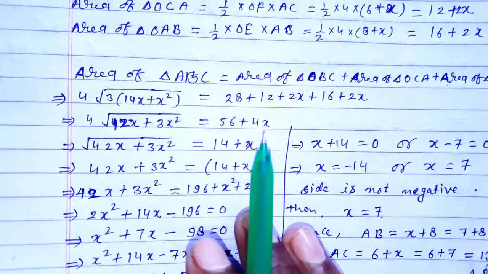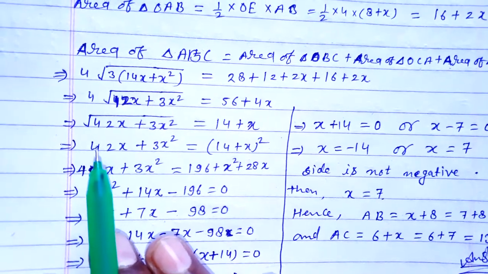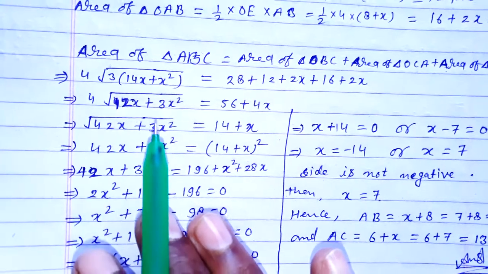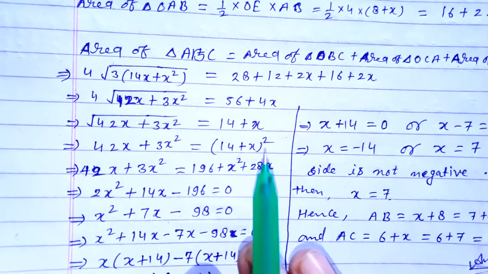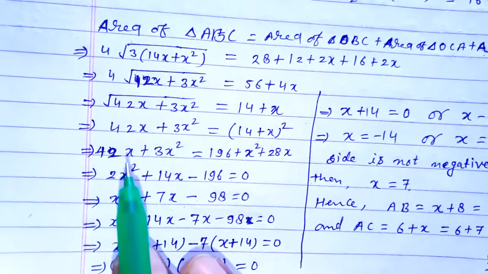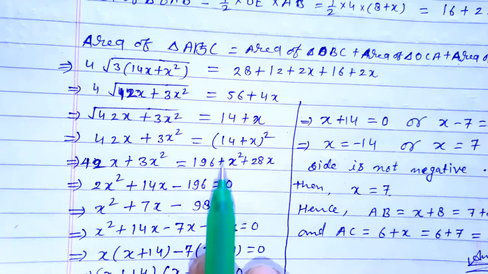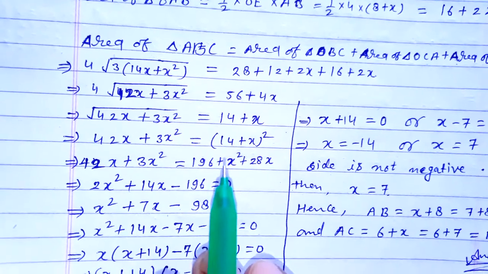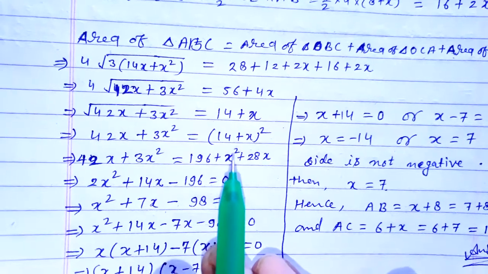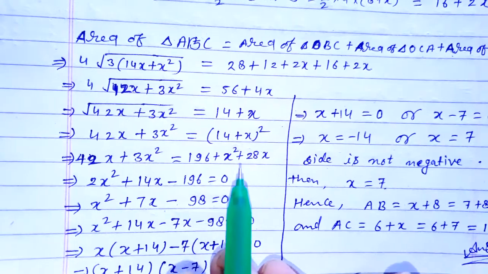Divide by 4, so this is 14 plus x. Squaring both sides, the square and square root cancel, but here it is squared. So this is 14x plus 3x squared, using (a plus b) squared equals a squared plus b squared plus 2ab. Here the square of 14 is 196 and the square of x is x squared. 2ab means 2 into 14 into x, this is 28x.